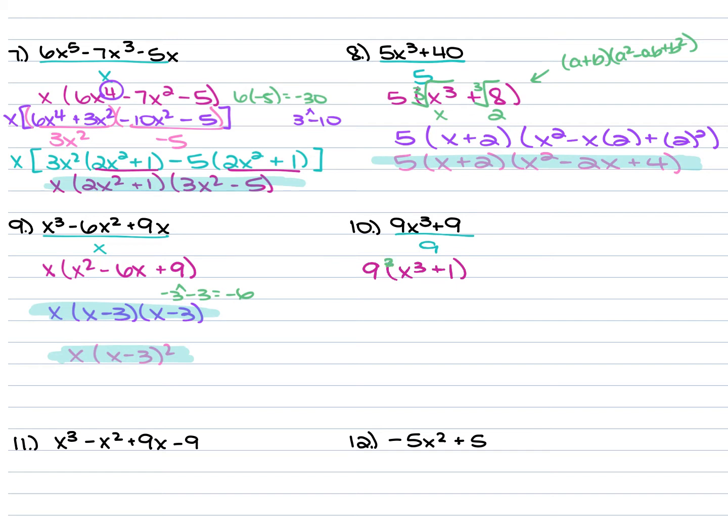If you take the cube root of that x cubed, you get an a of x. If you take the cube root of that 1, your b is 1. So this gives you 9 times x plus 1 times x squared minus x times 1 plus 1 squared. Simplifying this, you have 9 times x plus 1 times x squared minus x plus 1.